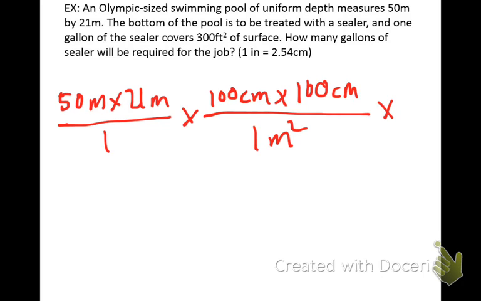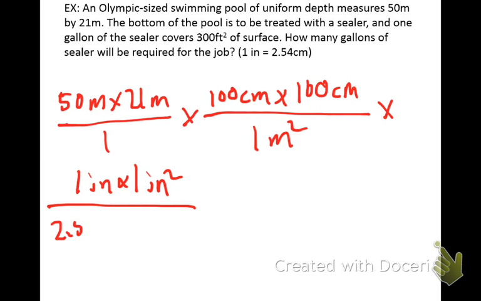Then we're going to multiply that times, now we're in centimeters, so we can convert to inches. The next multiplication would be 1 inch times 1 inch, which is an inch squared, over 2.54 centimeters times 2.54 centimeters. So now we need to convert to feet, right?